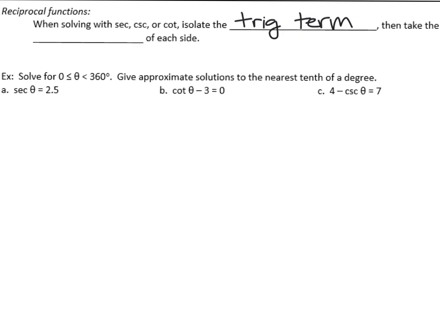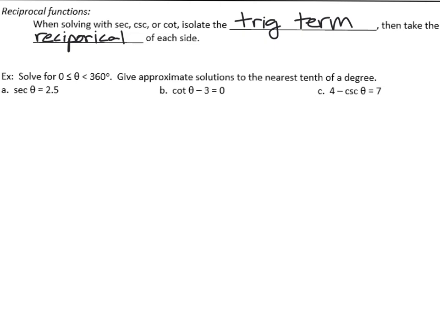Make sure the trig term is isolated. We didn't have to do much with that on the others. But this is really a big thing. Once that trig term is isolated, you got to take the reciprocal of each side. Meaning, do your reciprocal trig function and the reciprocal number.